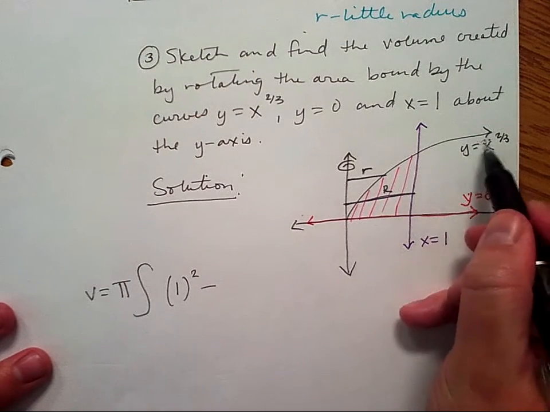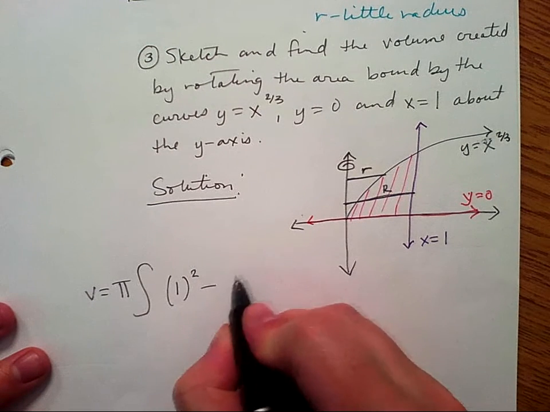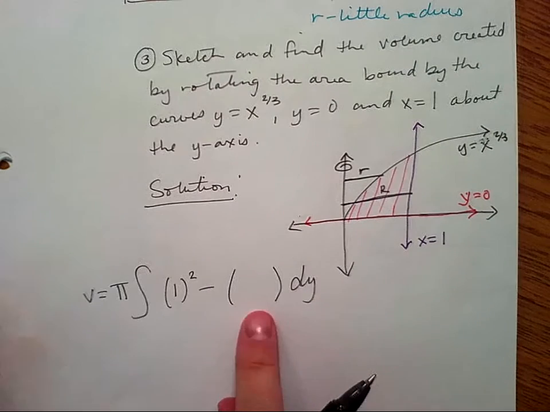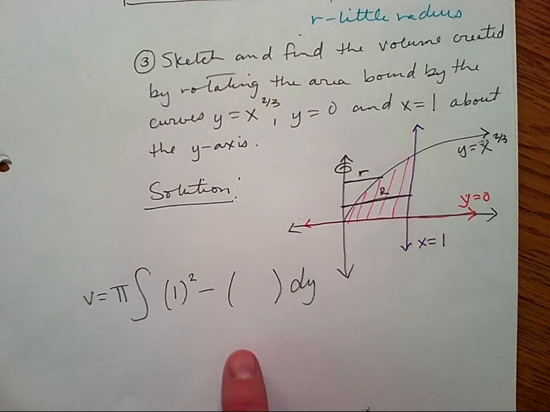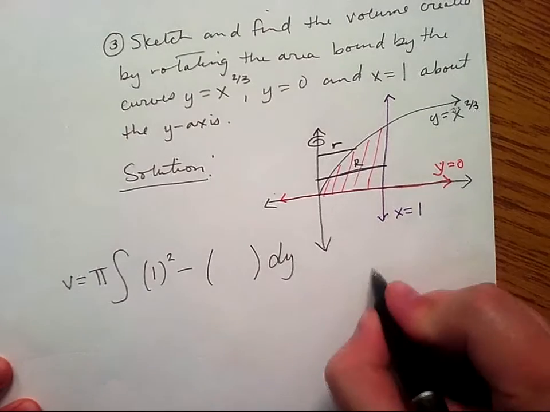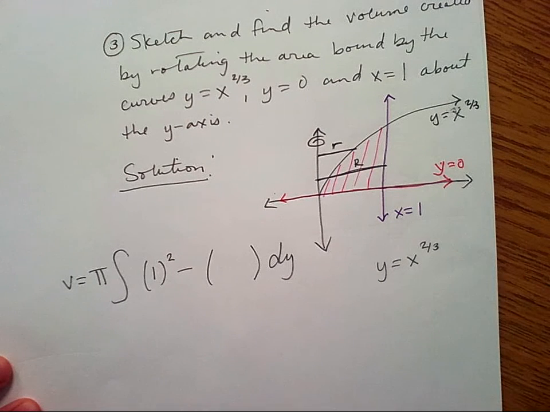Minus the little radius, which is y equals x to the 2/3, right? dy. So good. So Caleb already recognized that if I write this as x to the 2/3, that's not everything in terms of y, right? So I need to say y equals x to the 2/3. I need to solve for x in order to use that.